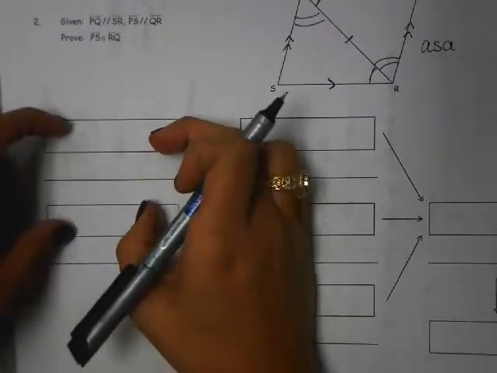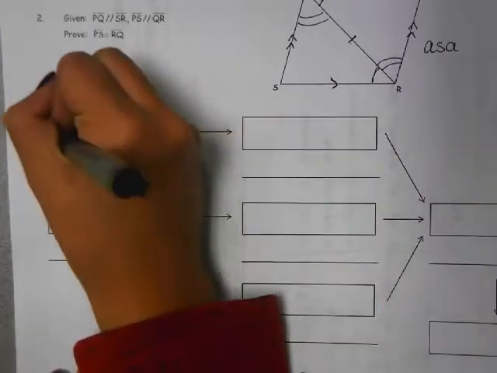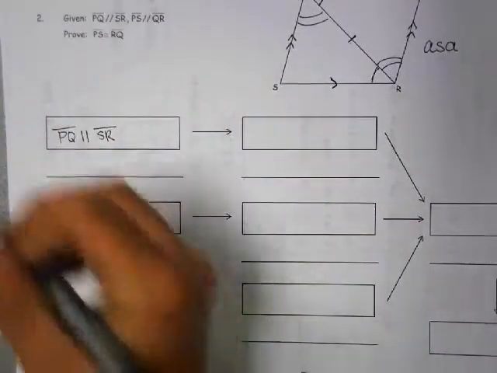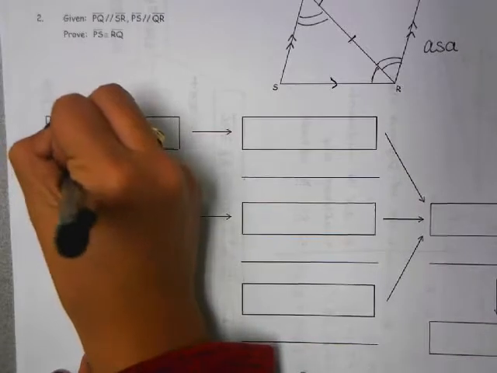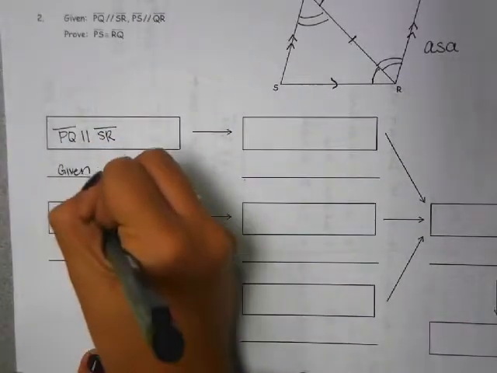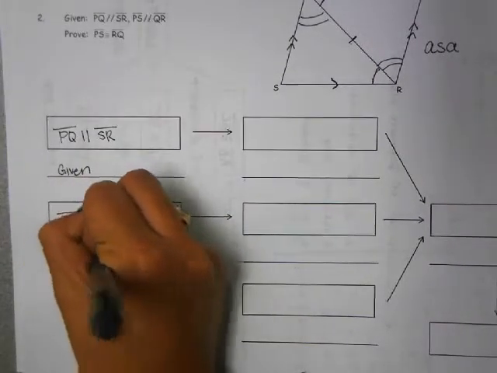So we're going to start with our givens here because those are going to lead us to the parts that we have. So we have PQ is parallel to SR, and this was given. And then we have PS is parallel to QR, and this is given.